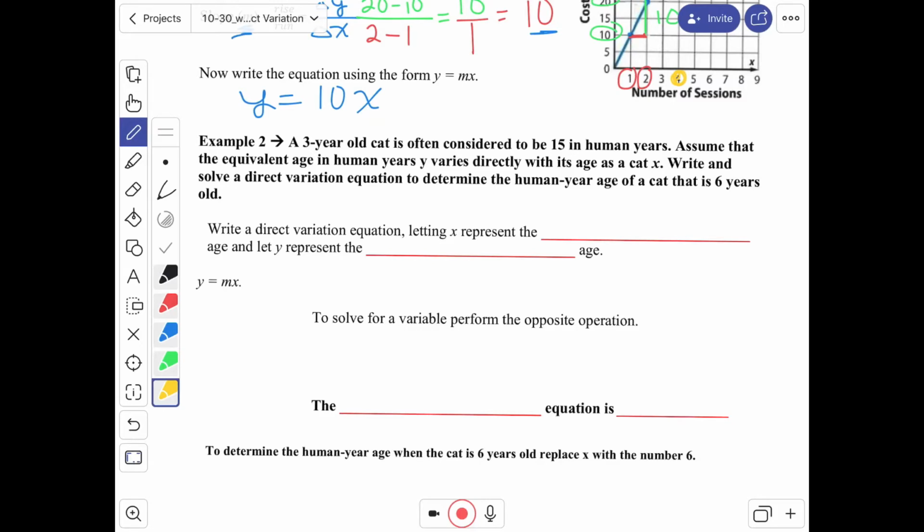So we're going to write a direct variation equation letting x represent the cat's actual age and let y represent the human equivalent.